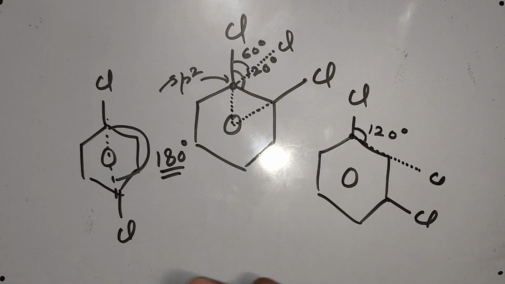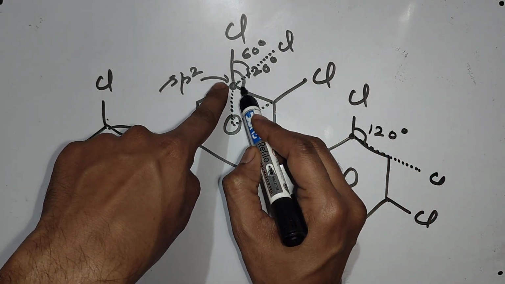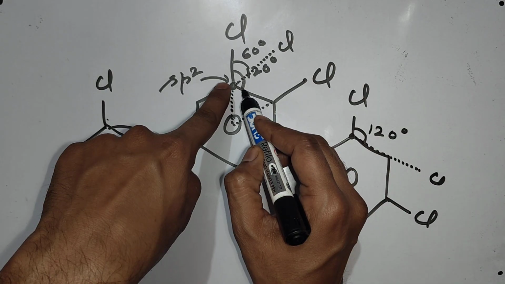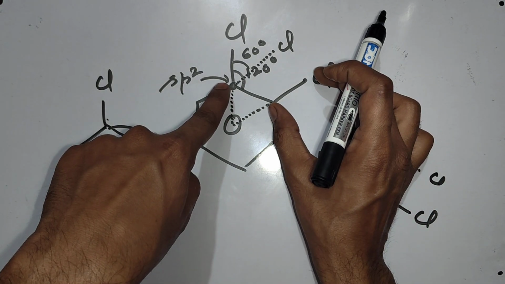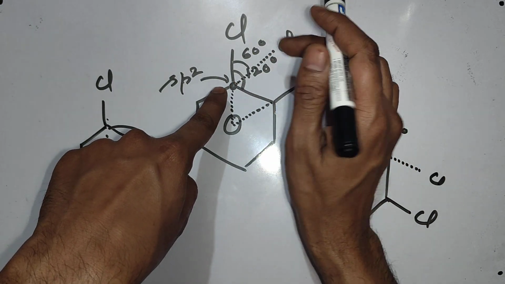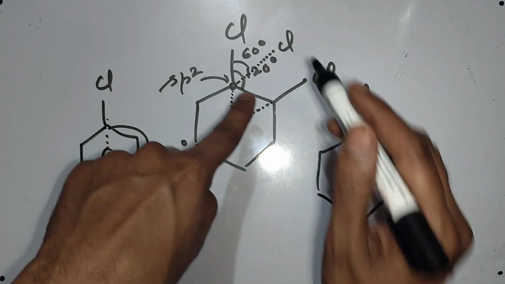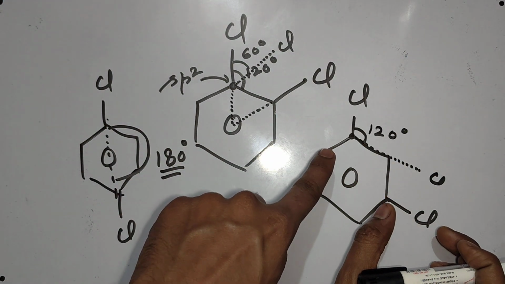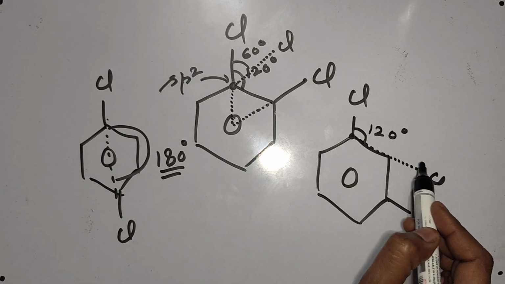Please check carefully how to find the angle between two chlorine atoms in dichlorobenzene cases. This was ortho. This full angle is 120 degrees. To find the angle between this chlorine and this chlorine, you just pick this chlorine and draw it here as it is, and you will find it is half of 120 degrees. So the angle is 60 degrees. Same here: we have chlorine, just pick it and draw it here and check.